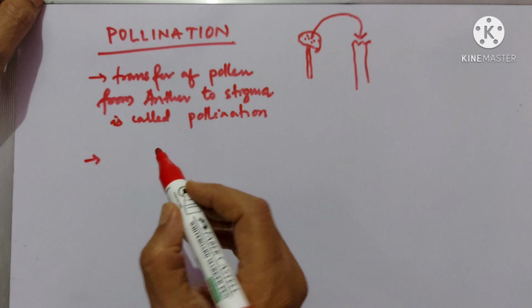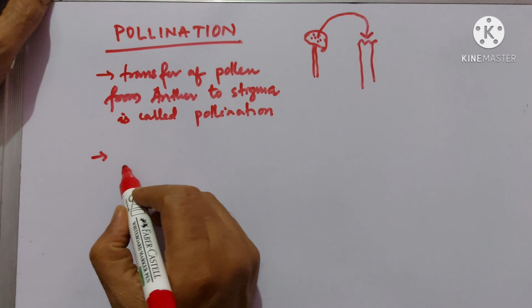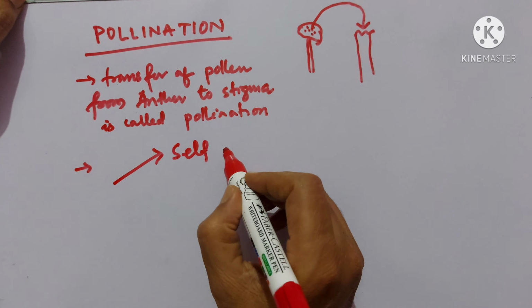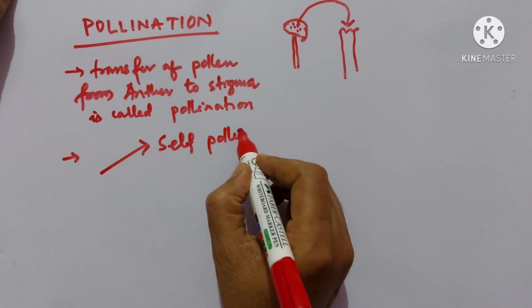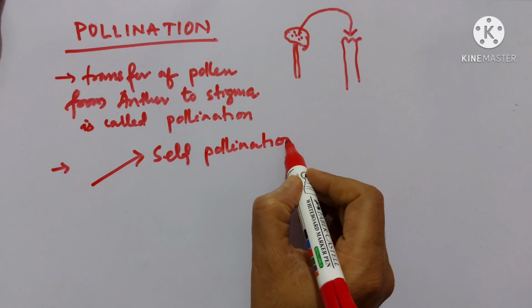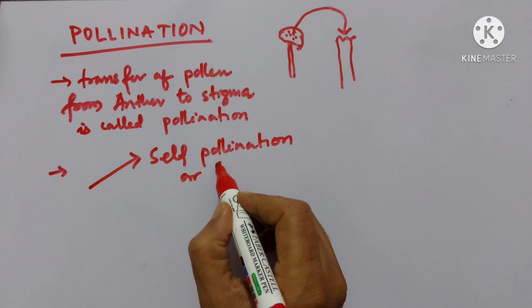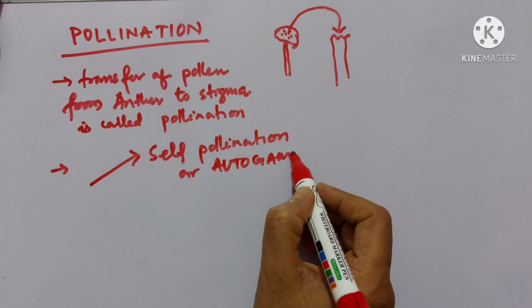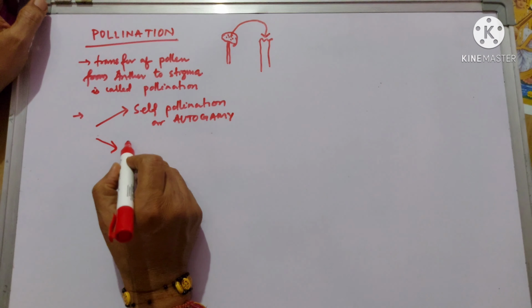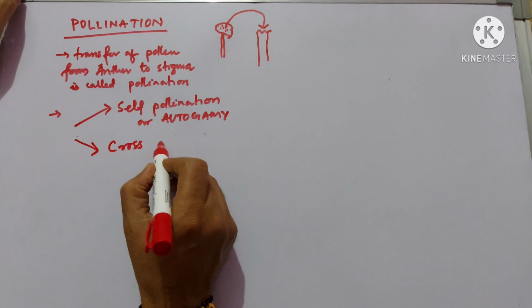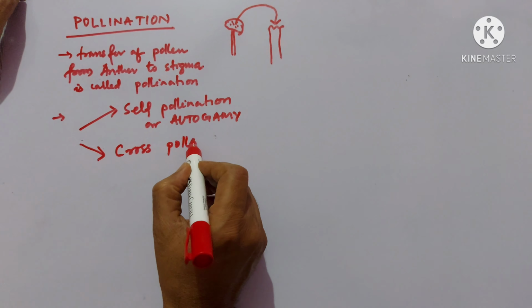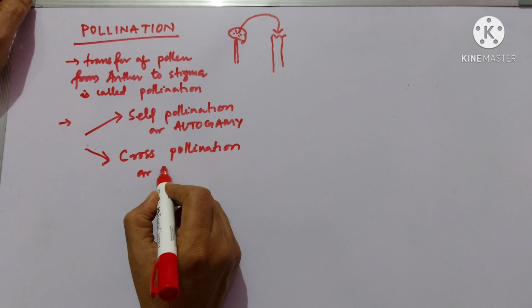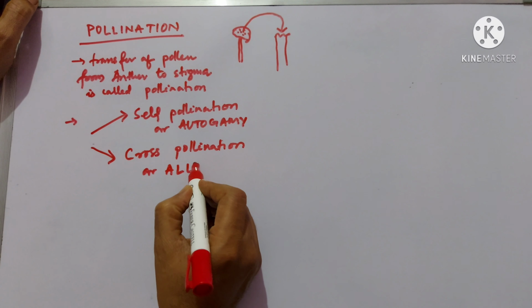Pollination is of two types, that is self-pollination or autogamy, and cross-pollination or allogamy.